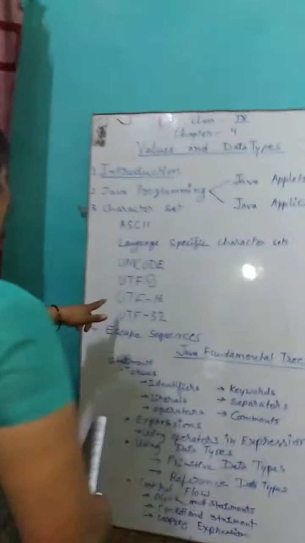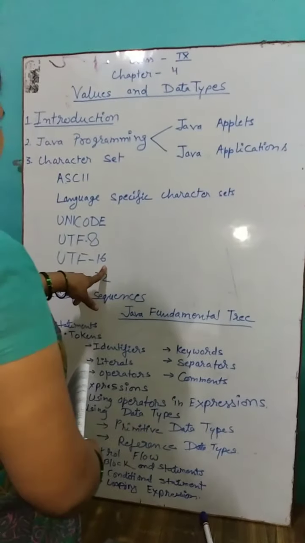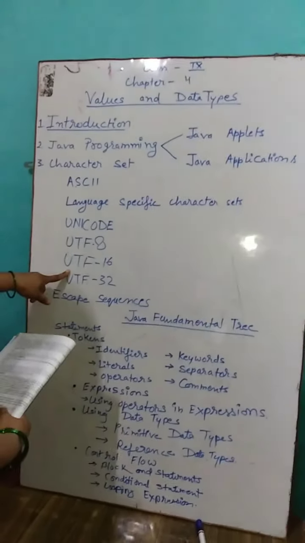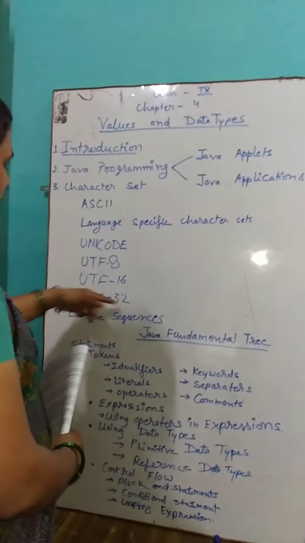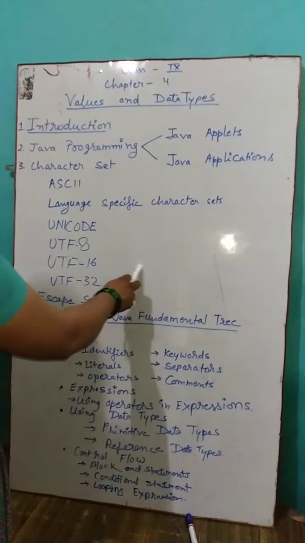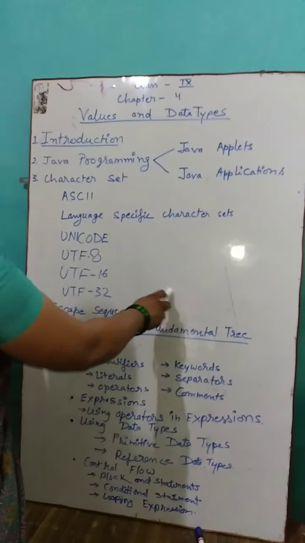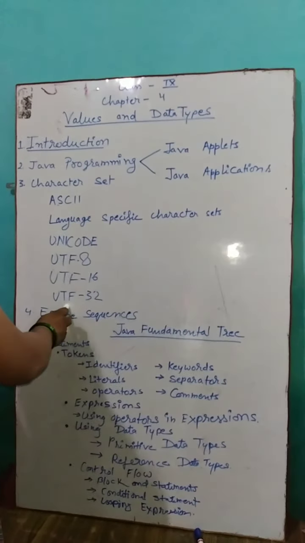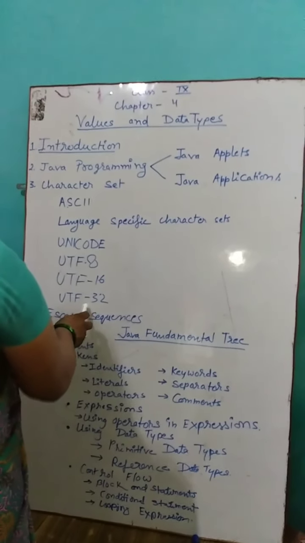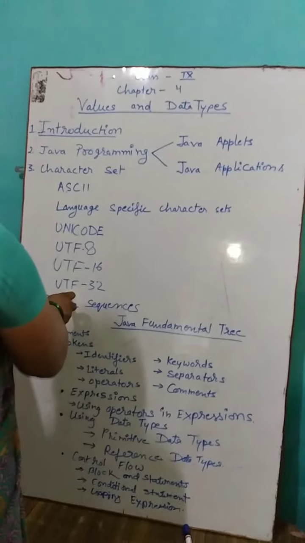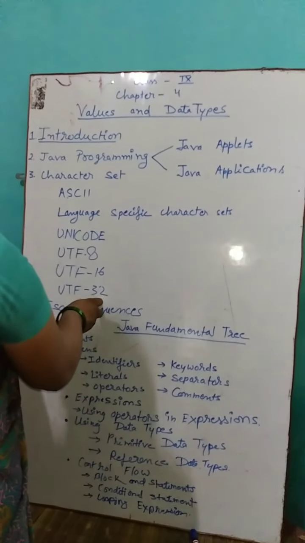Okay. Next is UTF-16. Unicode Transformation Format 16. It is a 16-bit character set that implements Unicode. Next is UTF-32. UTF-32 means Unicode Transformation Format 32.